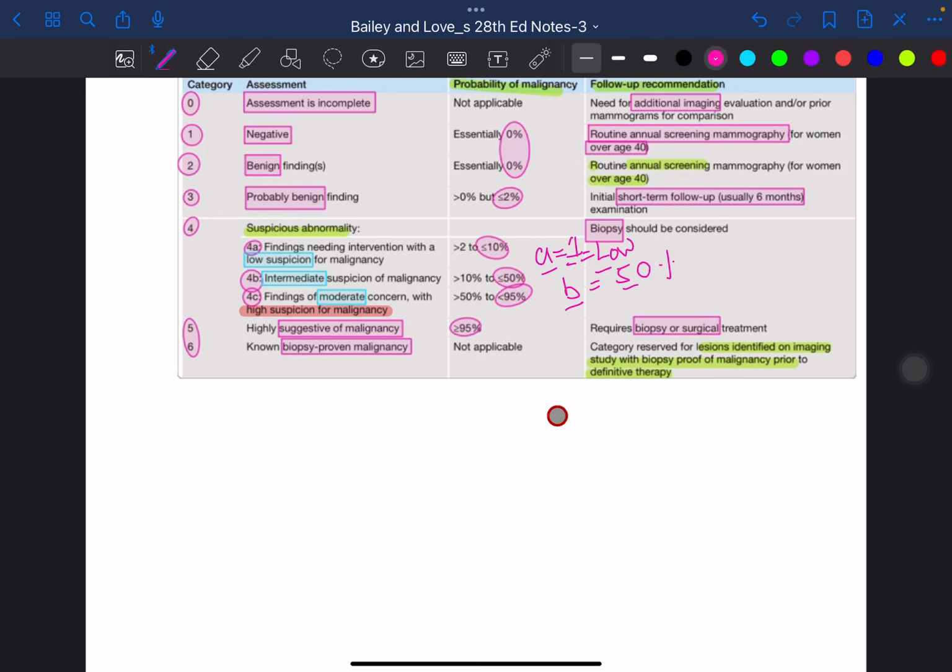Now come to BI-RADS 5 and 6. The 5 is highly suggestive of malignancy. So 4 shows high suspicion. If the word comes as suggestive, it will be 5. So highly suggestive of malignancy is BI-RADS 5 and the probability of malignancy is 95. Just remember 5 and 95.